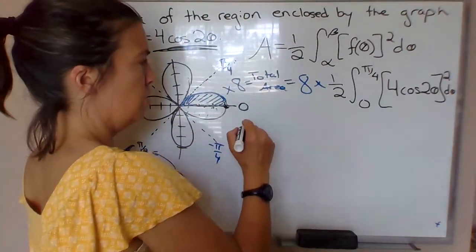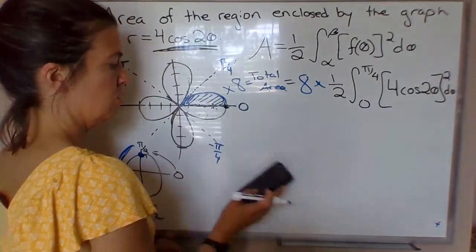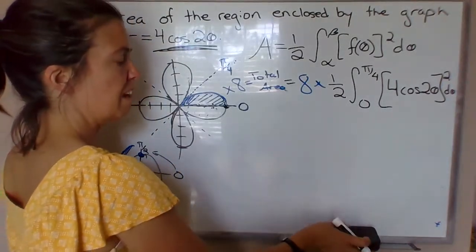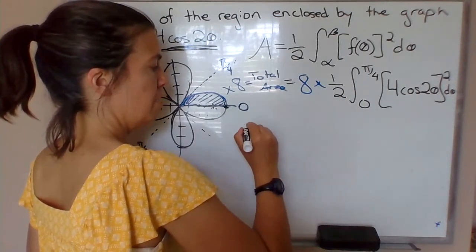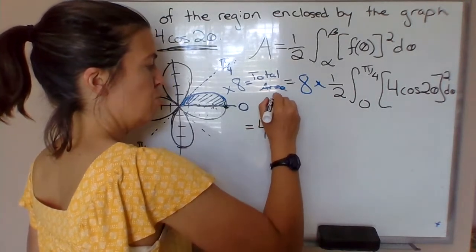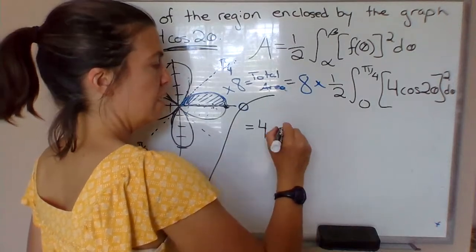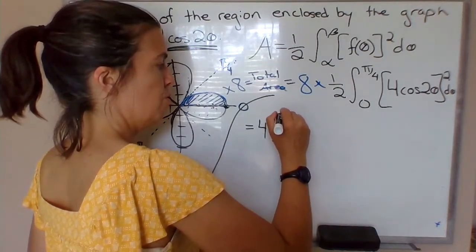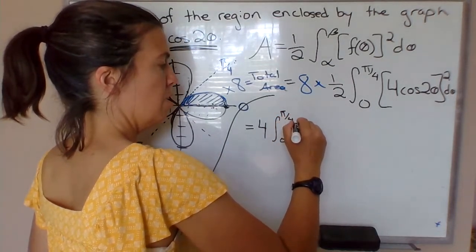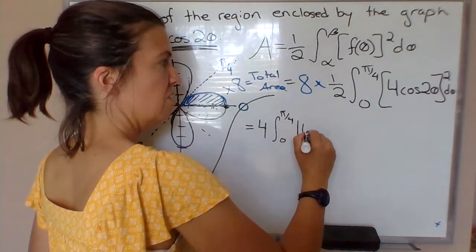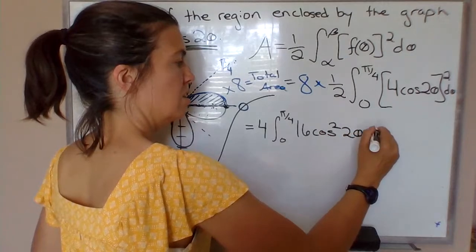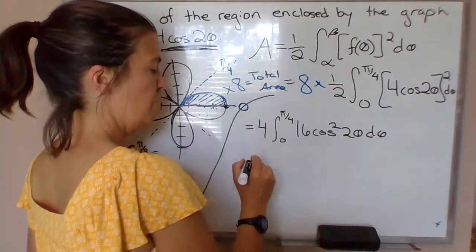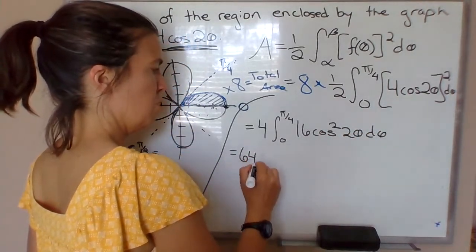Okay, so working that out, give myself as much room as I can. I would go ahead and multiply the 8 times 1/2, so that's 4, and then integral from 0 to pi over 4 of 4 squared, so that's 16, cosine squared 2 theta d theta. Okay, so move the 16 out, that's 64.